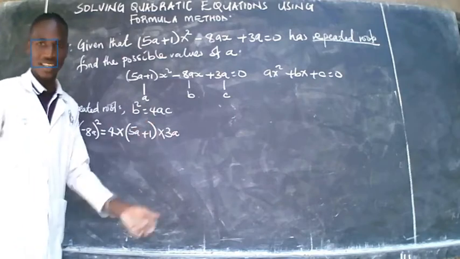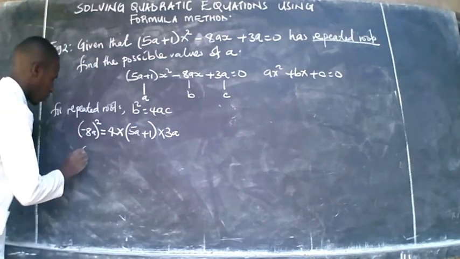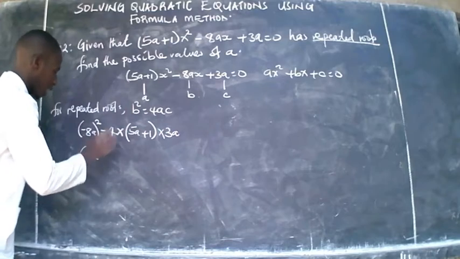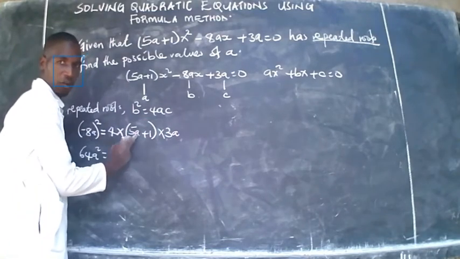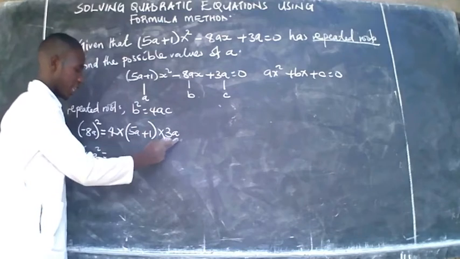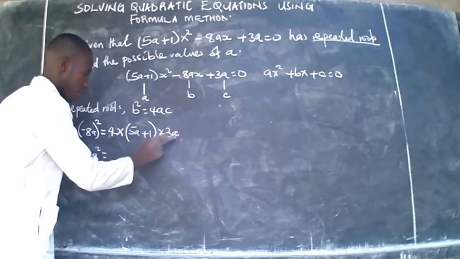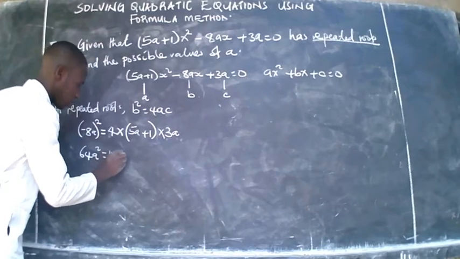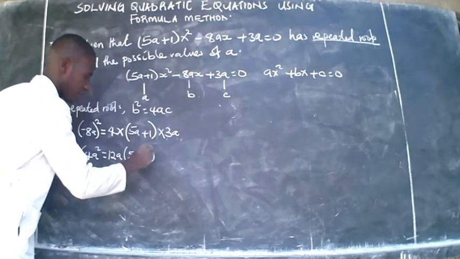Is that fine? Good. So from there, this is 64a squared equal to, let's first multiply 4 by 3a, that is 12a, into 5a plus 1.